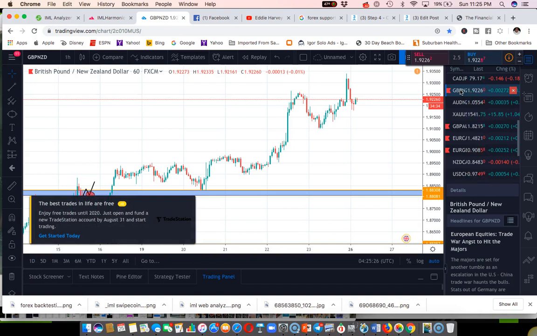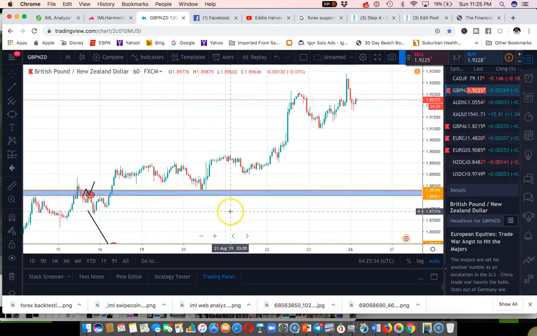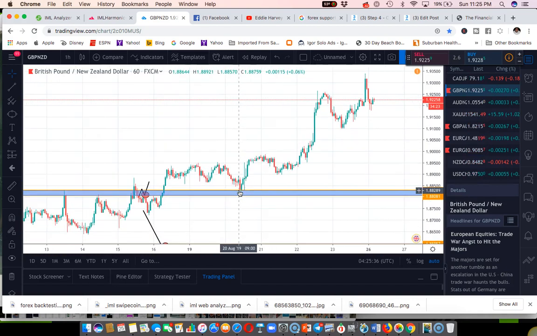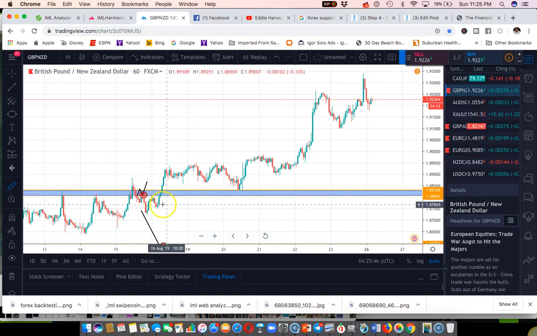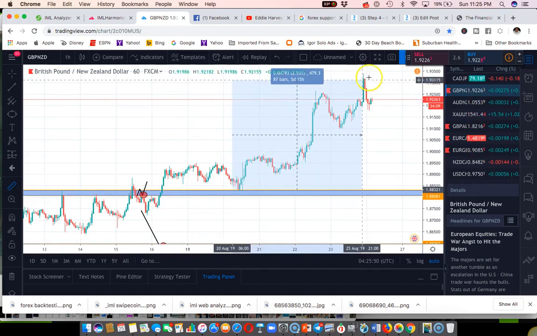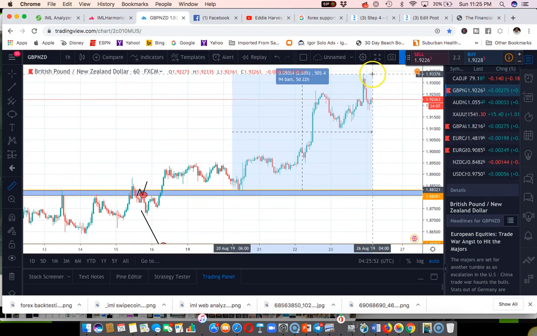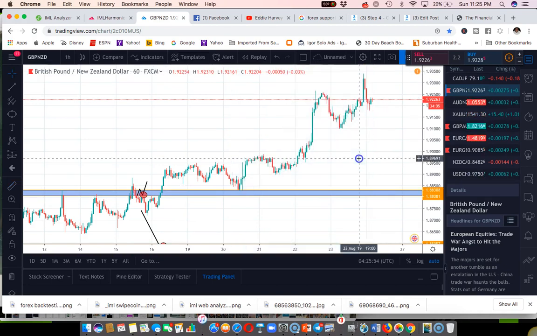So I'm going to show you how I use support and resistance with this. You would look at this immediately, and you can see I've done some charting on it. It made a nice move to the upside. This was a while ago, and it moved up. Let's just say if we took it based off that level there, 507 pips.